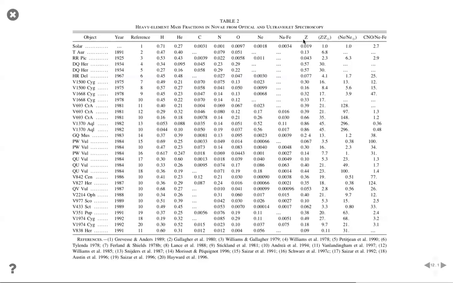And you can see that in many novae, the mass fraction of heavy elements can reach even 0.8, 0.6, 0.4, or 0.35, right? Which means that in the nova ejecta, as observed, up to 50% are heavy elements.